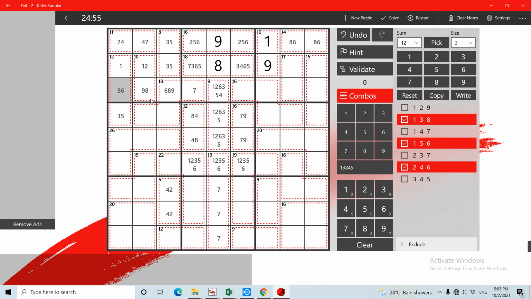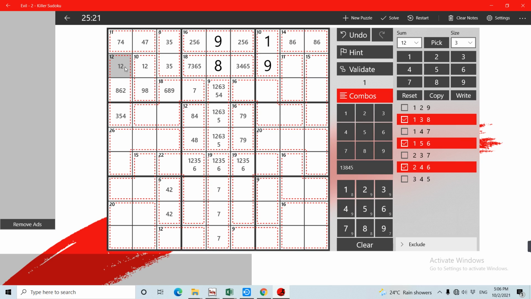Okay, next is 2, 4, 6. So we cannot have 4 inside. So 4 needs to be entered here. If 4 is to be entered here, we need to enter 2 and 6 here. So 2 and 6, 2 and 6.